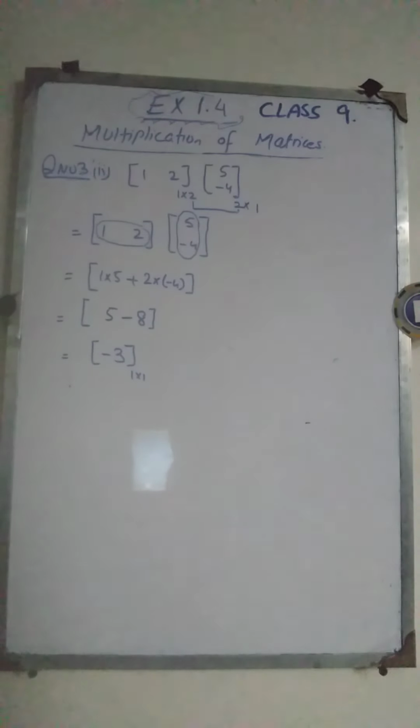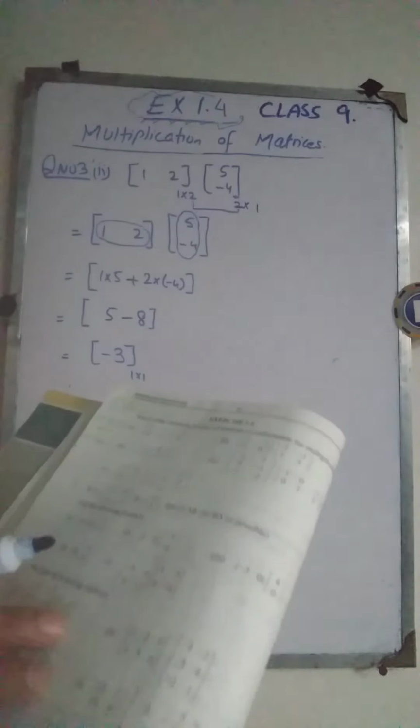Now let's come to part 5. Let's do part 5. You are given this matrix and this one, and we have to multiply them. Exercise 1.4, question number 3, part 5.